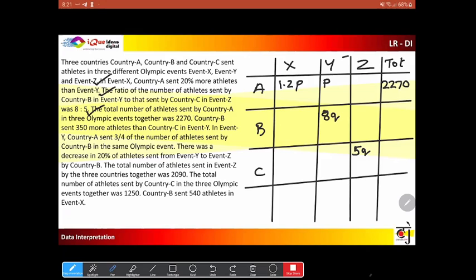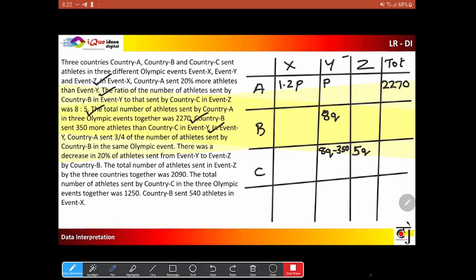And country B sent 350 more athletes than country C in event Y. But B has already sent 8Q, which is 350 more than C. So can I say C has sent 350 less than B? Yes. So if B has sent 8Q, then can I say that it has sent 8Q minus 350 athletes in C? यहां तक बराबर 6. Okay.